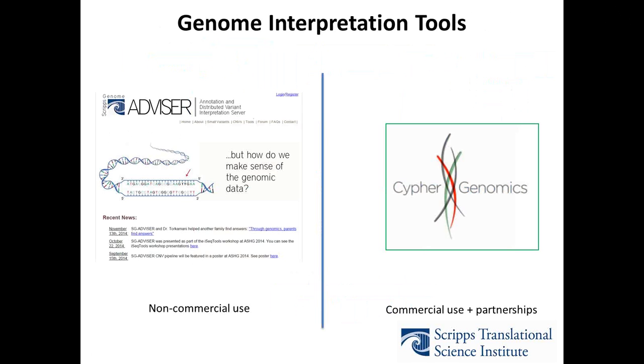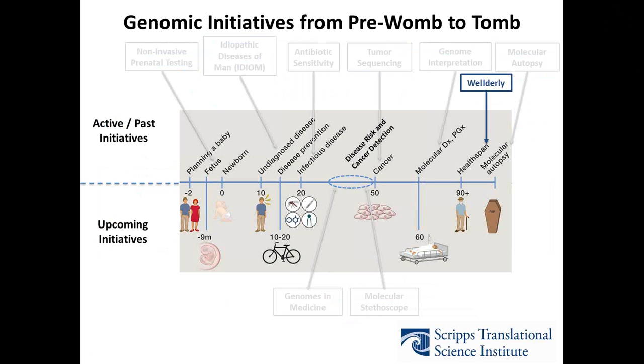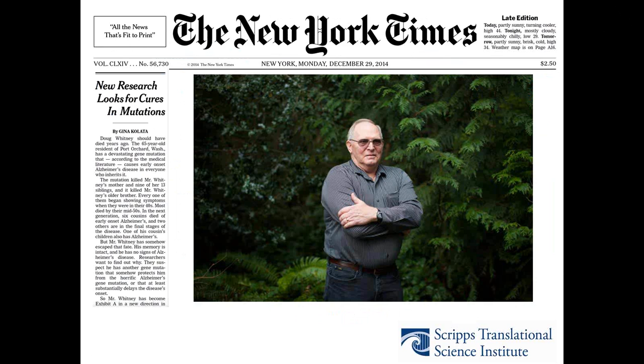We have genome sequence information on a subset of them. I'll get into the details of how many individuals have sequence and of what type. But the overall idea is that there's something special about these individuals in terms of some genetic explanation as to why they live to or beyond the age of 80 and don't have any of the common diseases that you see across the general population.